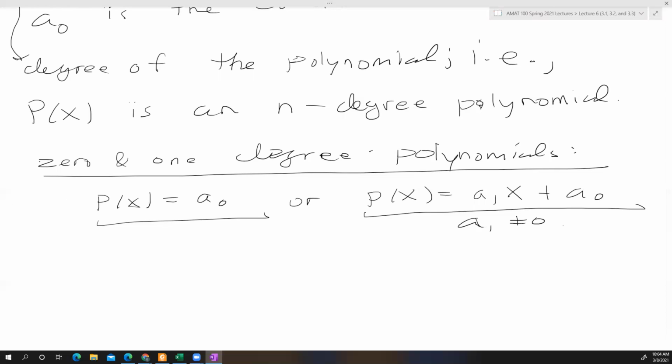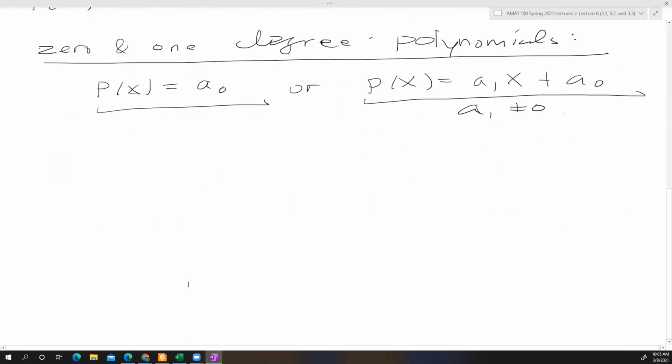In this section, we want to look at quadratic functions, though. We want to look at these ones in further depth.